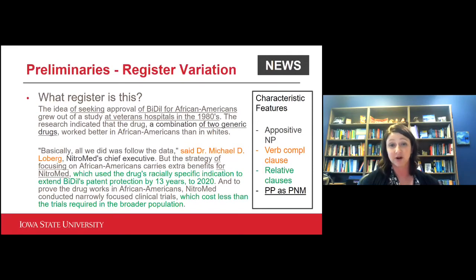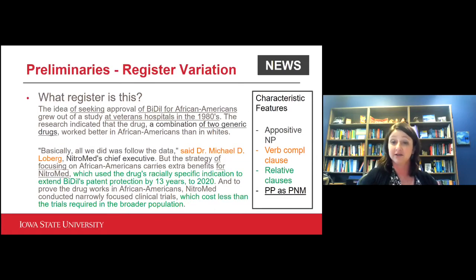And we see lots of prepositional phrases modifying nouns, and these function to compress information. So the prepositional phrase of seeking approval tells us which idea we're talking about. And so these are all linguistic features that are very common in news and less common in other registers.